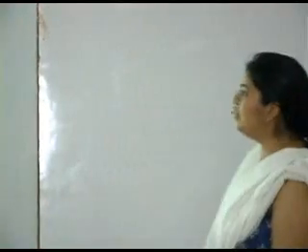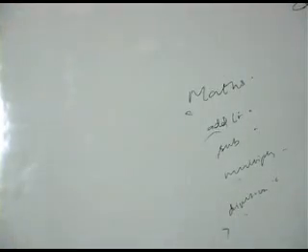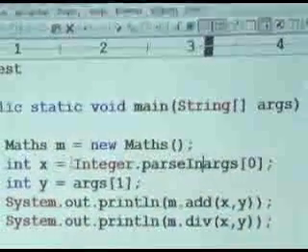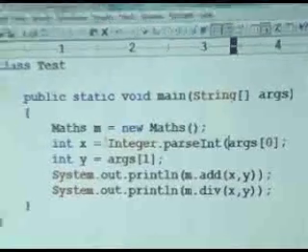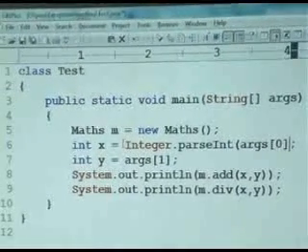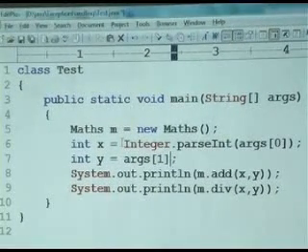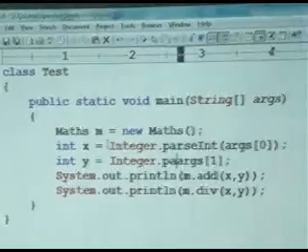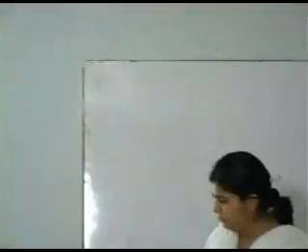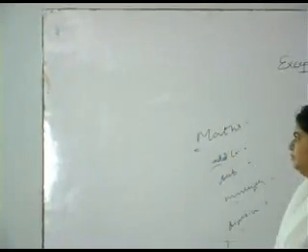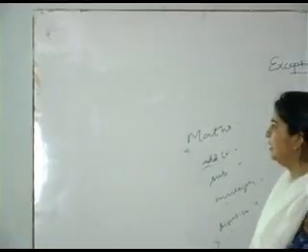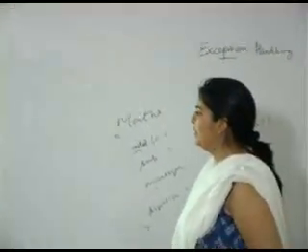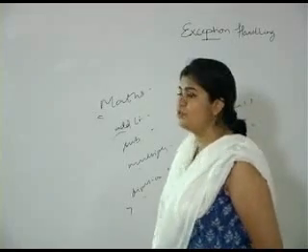So say Integer.parseInt, Integer.parseInt, and pass args of 0 as an argument. Correct. Here also you would say Integer.parseInt. So now if you compile, it would run perfectly fine. Let's hope so.